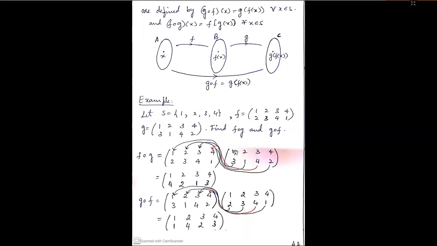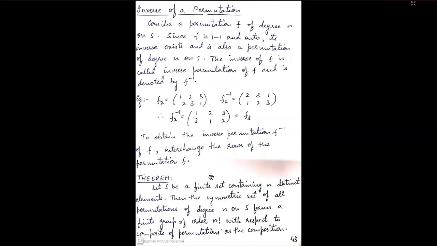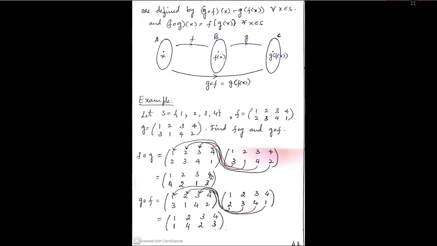For that, we go from right to left here. Now here you have this composition. The first row will always be equal to 1, 2, 3 and 4 itself. So write the 1, 2, 3, 4 as it is in the first row.